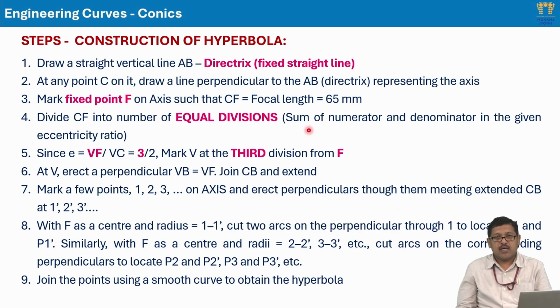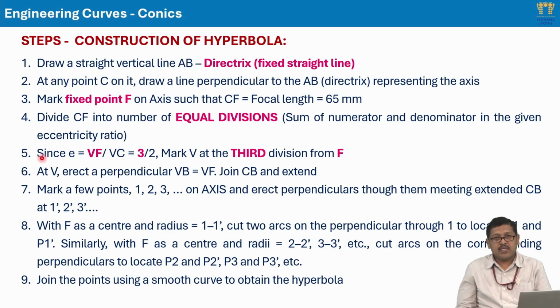How many parts? That is given by the summation of the values given in the numerator and denominator of the eccentricity ratio. Since the eccentricity ratio is given as 3/2, the summation of the numerator value and denominator value, that is 3 plus 2, becomes 5. So for this problem, the focal length has to be divided into 5 parts.